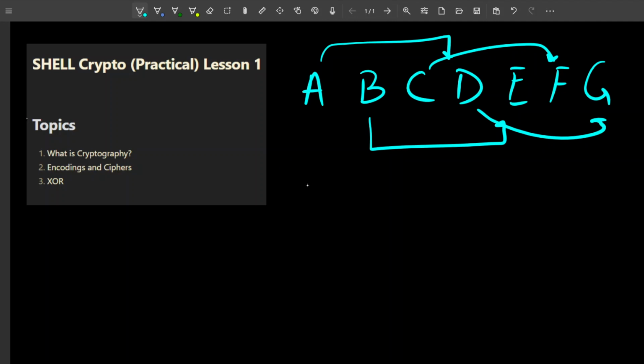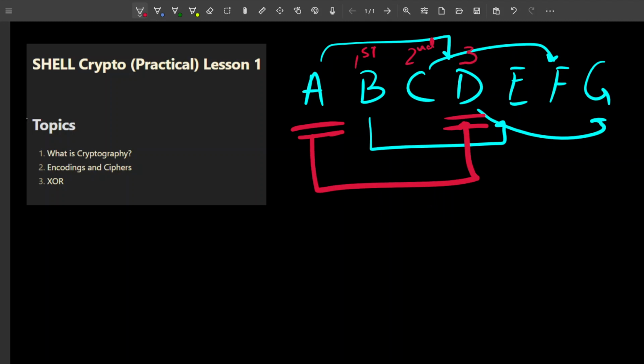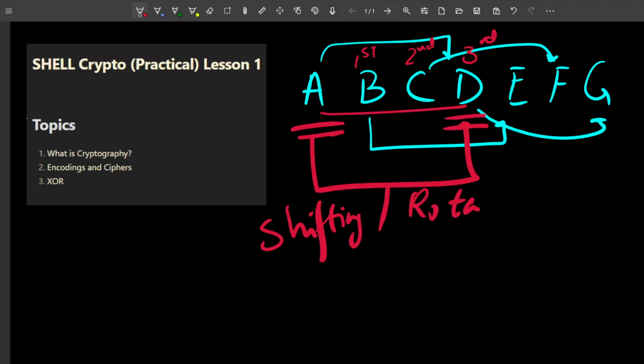So what is actually happening is that we are substituting each letter with the third next letter compared to it. So this is the first next letter, this is the second next letter, and this is the third next letter. So we're shifting in a way, or rotating the letters by 3, a +3.